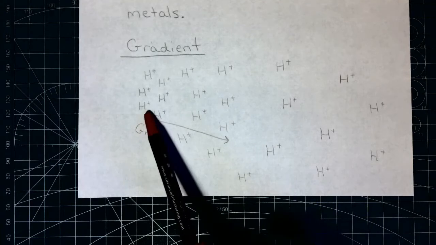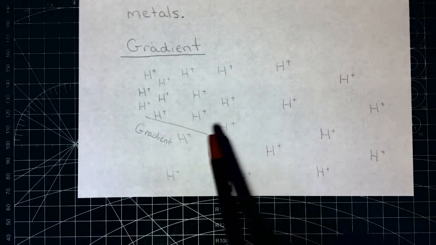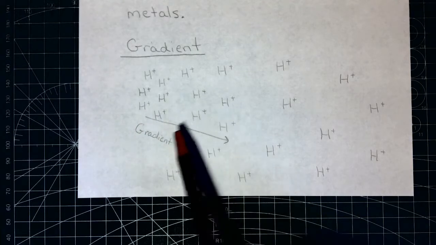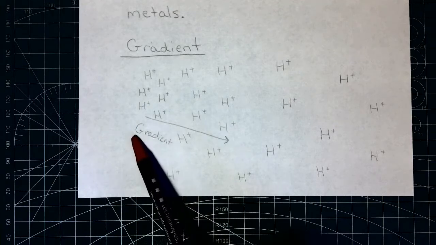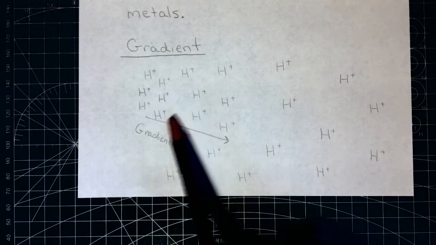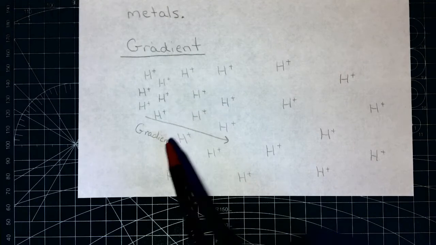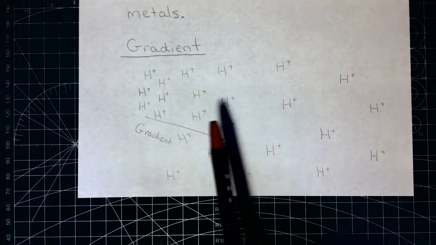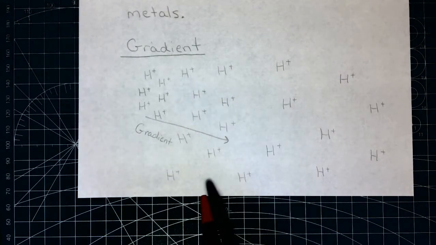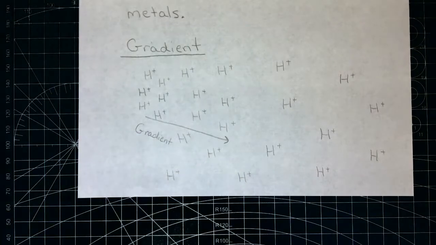Okay, this is almost like the biological equivalent of electricity. We're going to create a gradient and store energy in the form of a gradient, and then we're going to release it in order to do reactions.